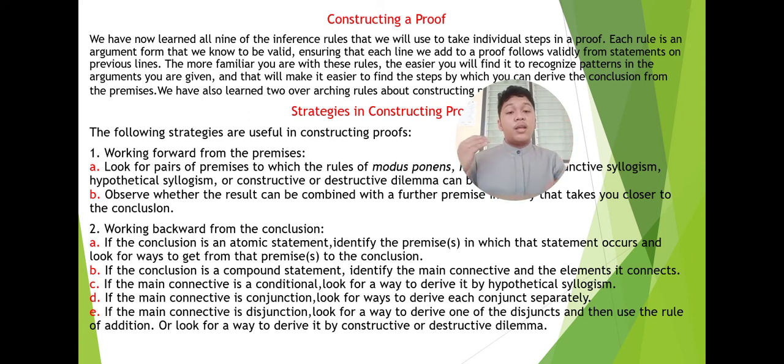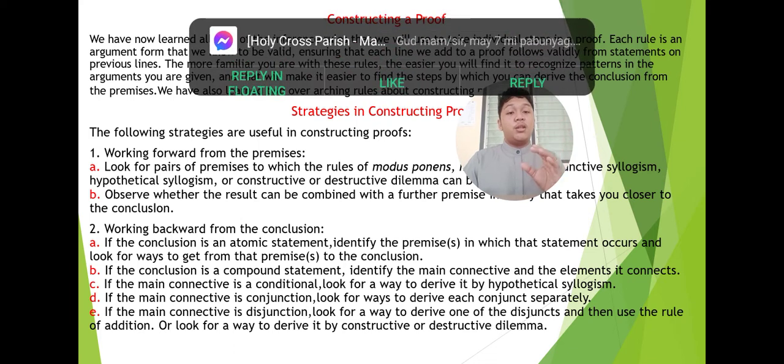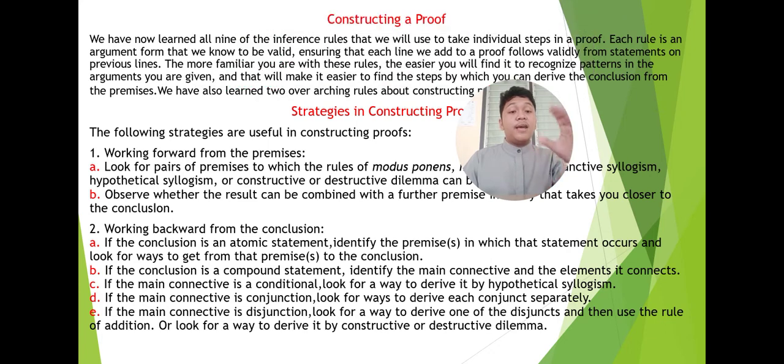If the main connective is a conjunction, look for the conjuncts separately. If the main connective is a disjunction, look for another way to derive the disjuncts, using the rule of addition or deriving it through a constructive or destructive dilemma.